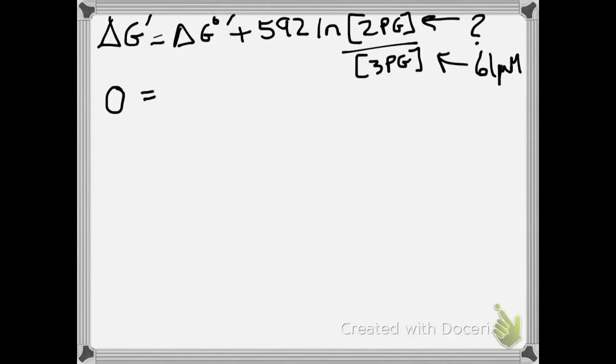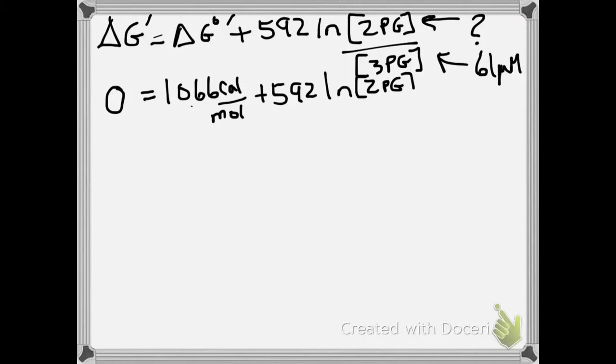So we're going to write this into the equation. We already calculated what the standard free energy change was. Remember, it's positive, times the natural log. The concentration of 2-PG is still unknown, but the concentration of 3-PG is 61 micromolar. Now I'm going to draw those big parentheses there because in order to deal with a natural log, you have to do something special mathematically to the equation.